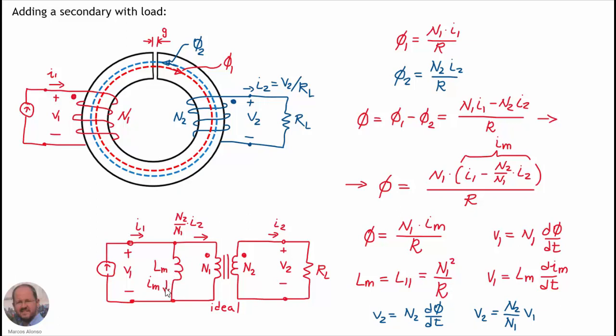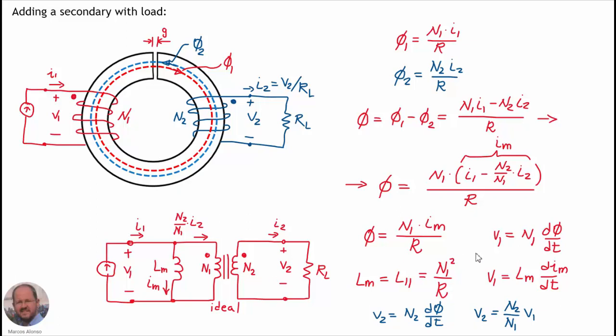We have the magnetizing current circulating through it, and this magnetizing current is equal to the current through the primary minus the current through the secondary times the turn ratio. So knowing the magnetizing inductance, we can calculate the flux using this expression here. The ideal transformer models the relationship between the currents and the voltages with the turn ratio.